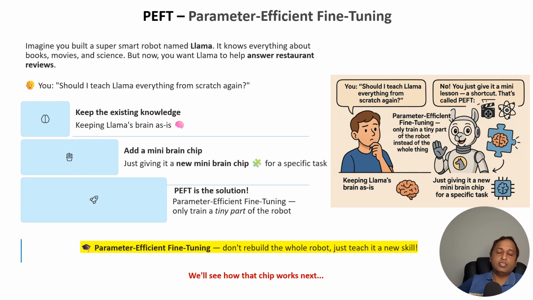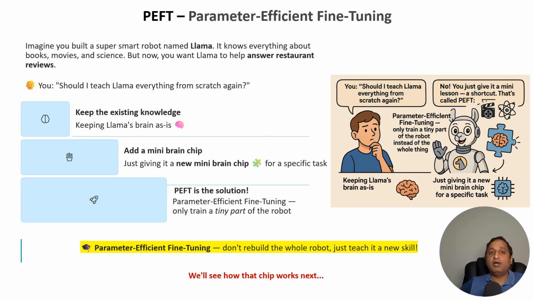Now let's talk about some of the techniques in fine-tuning a model. One technique is called parameter efficient fine-tuning. Just think of it like this: let's say we built a really smart robot named Llama. It has been trained on tons of knowledge, science, books, even a bit of cooking.